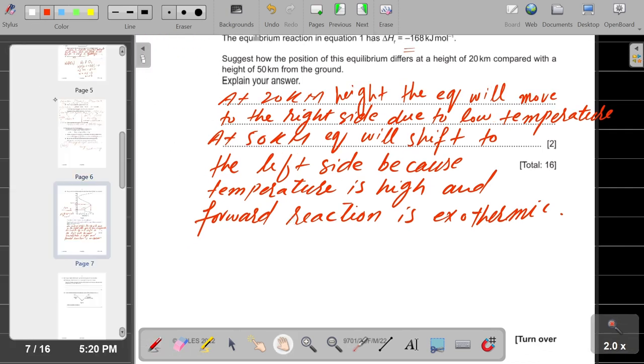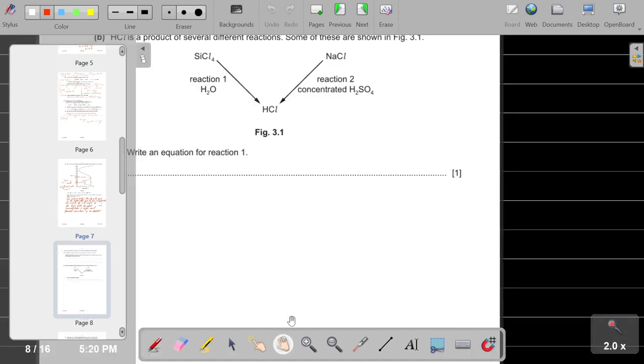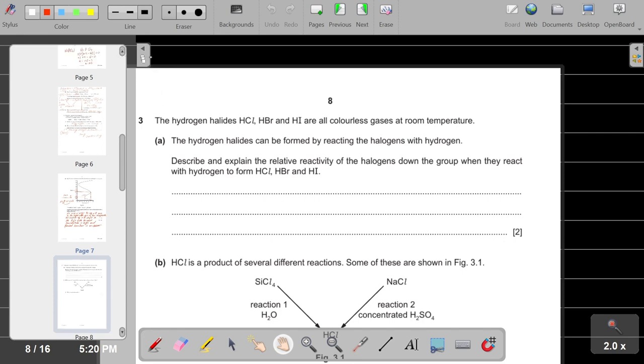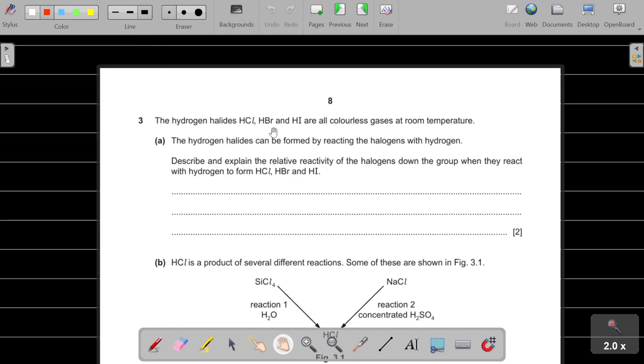So the next question is, here we have hydrogen halides, okay. HCl, HBr are colorless gases at room temperature. The hydrogen halide can be formed by reacting halogen with hydrogen. Describe and explain the relative reactivity.